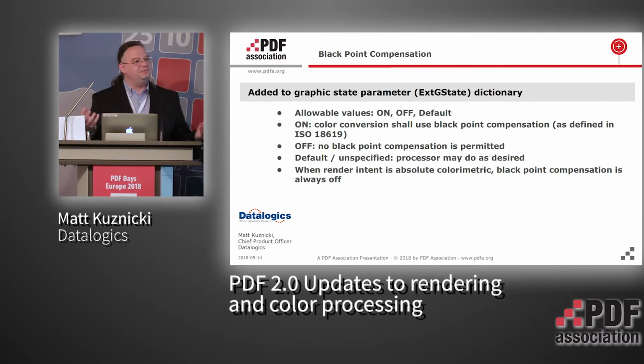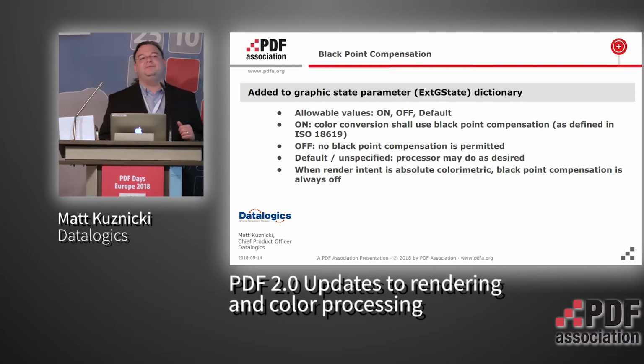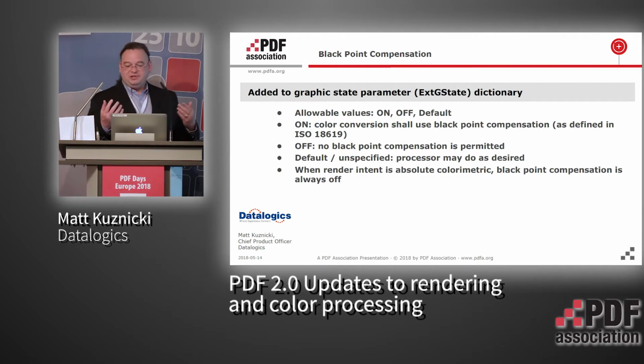There's off, which if you specify this will force earlier behavior, PDF 1.7 and earlier behavior. And then default is the default if there's no black point compensation specified. You know, hey, default to default. How about that?